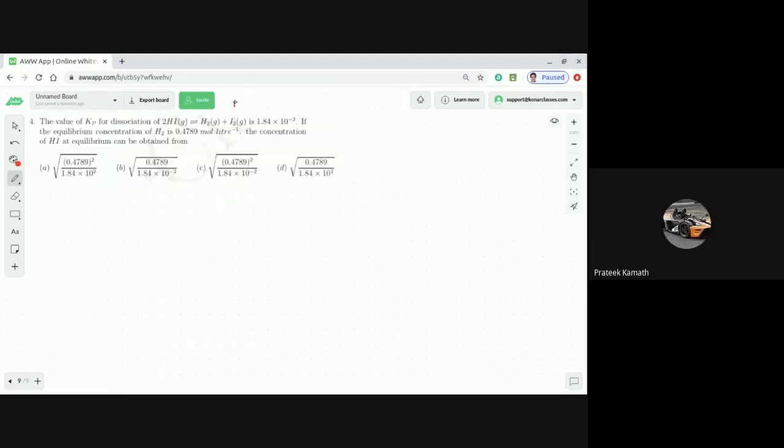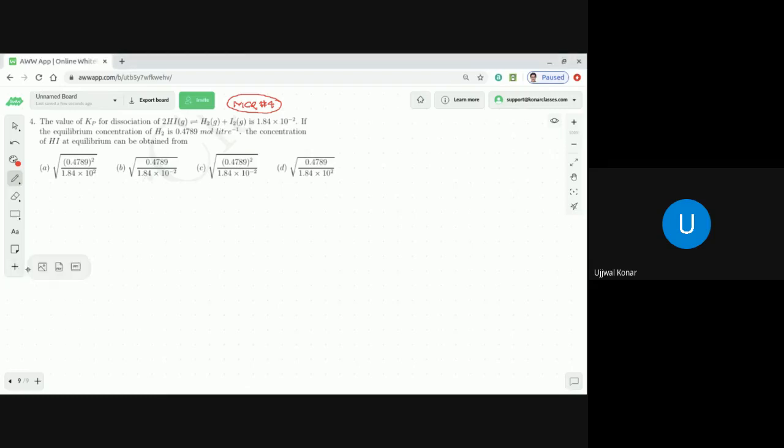Sir, I got option C. Correct you are. What about Shrestha and Tejas? Sir, option C, sir. Dear Shrestha, you got option C as well? Okay, maybe your internet is not working properly today.